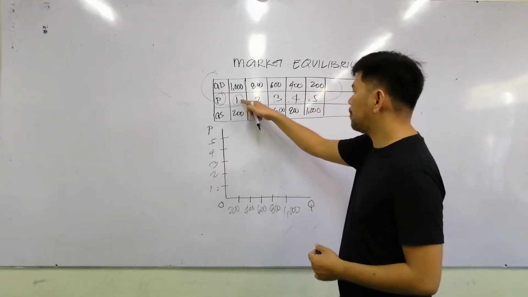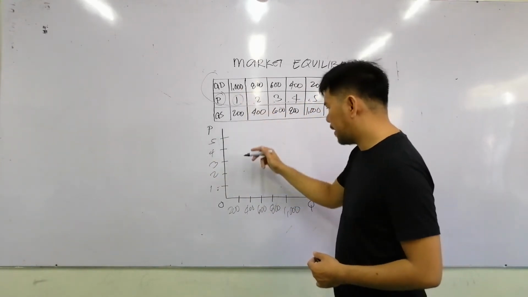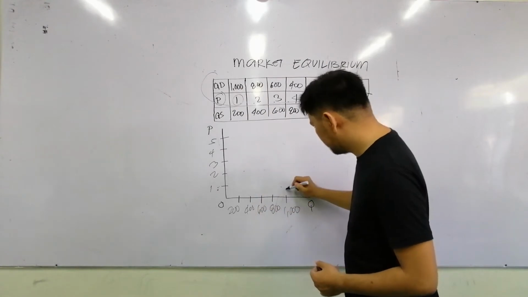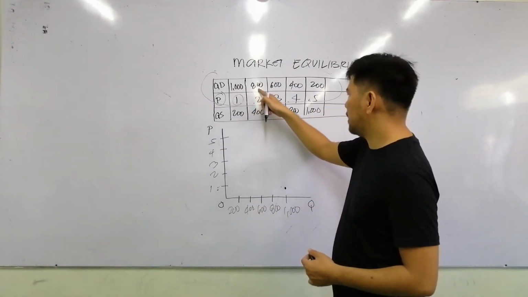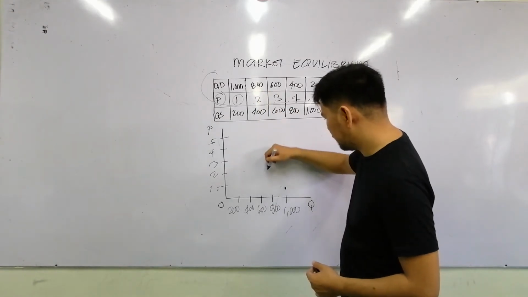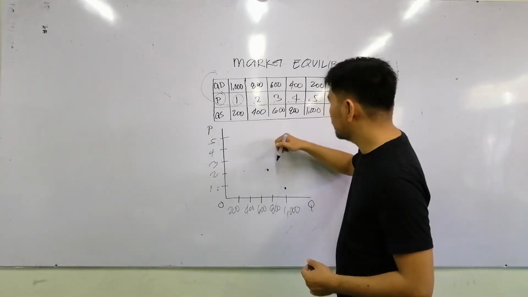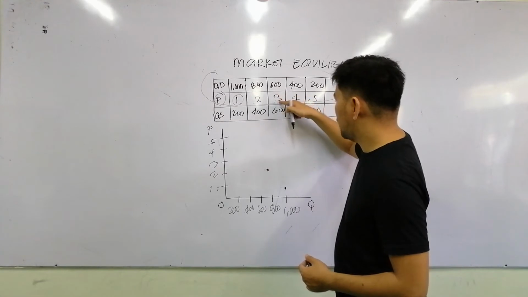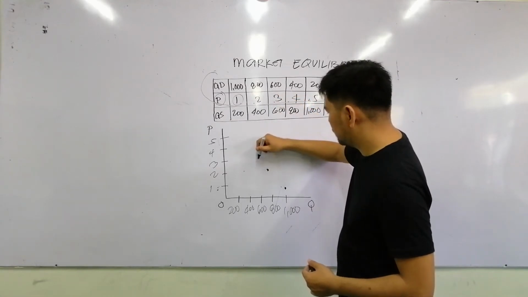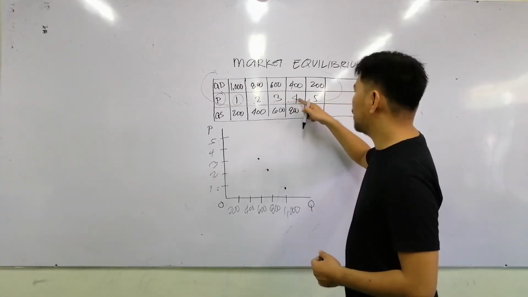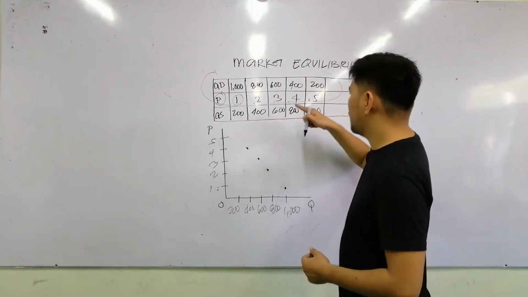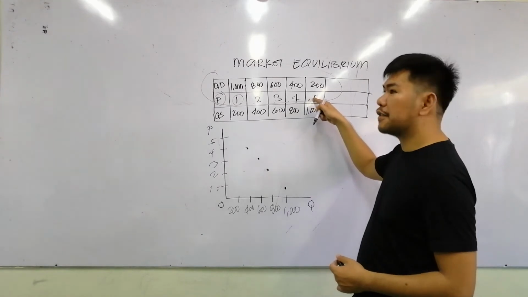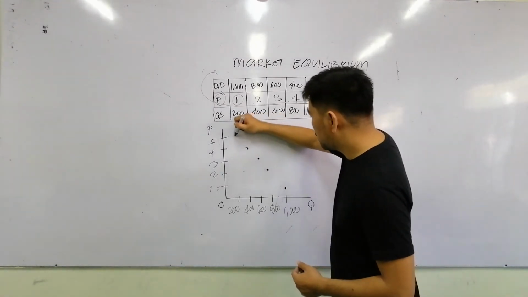So at P of 1, QD is 1,000, here. When P is 2, it's 800. At 3, you have 600. When the price is 4, your demand is 400. And lastly, when your price is 5, your quantity demanded is only 200.